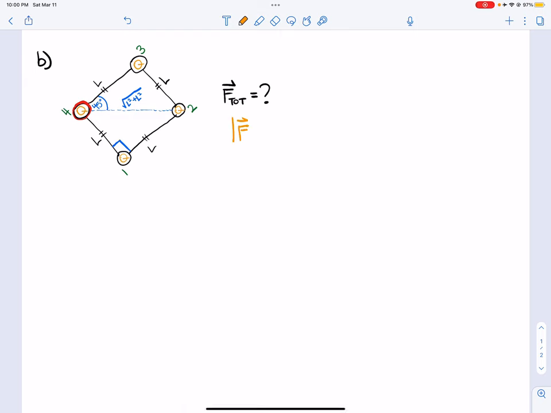The magnitude of an electric force is equal to K Q1 times Q2 over R squared.